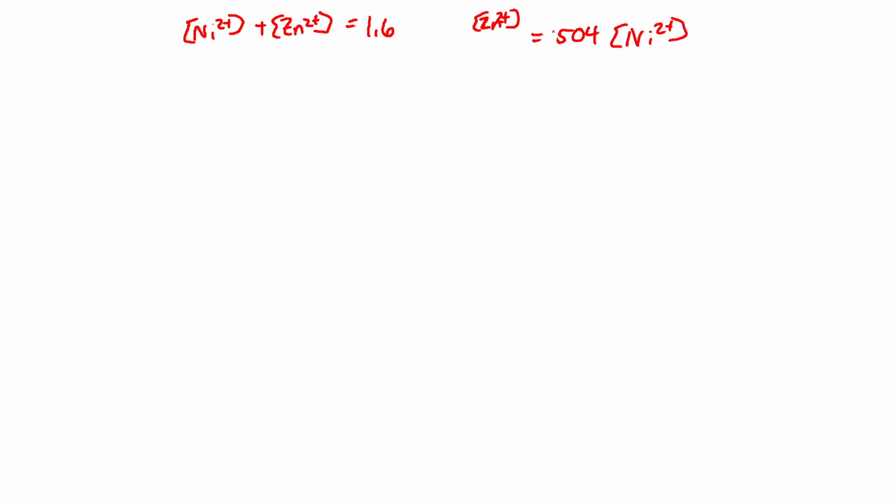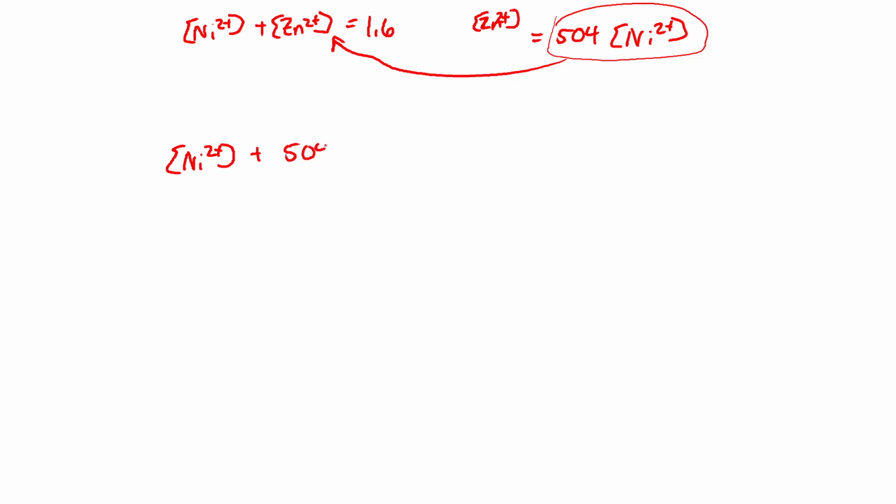So I'll go ahead and take this, plug that in there, and I will get nickel 2+, 504 times nickel 2+ is equal to 1.6. And so adding those two together is just going to give me 505 nickel 2+ is equal to 1.6.